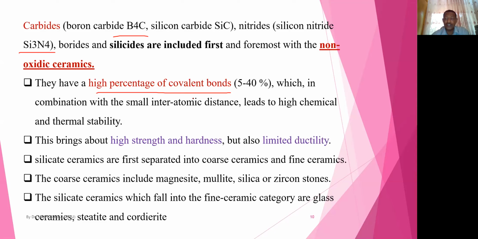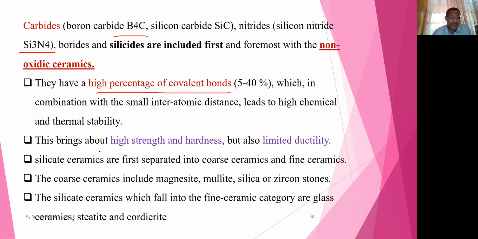So one of the advantages of ceramic materials is that the interatomic distances are very crowded, which gives them high thermal stability. This means they can resist high temperature. Because of this, ceramics can be used in furnaces in industry, in metallic melting furnaces, and also in industrial applications like semiconductors. They have a very, very small interatomic distance.